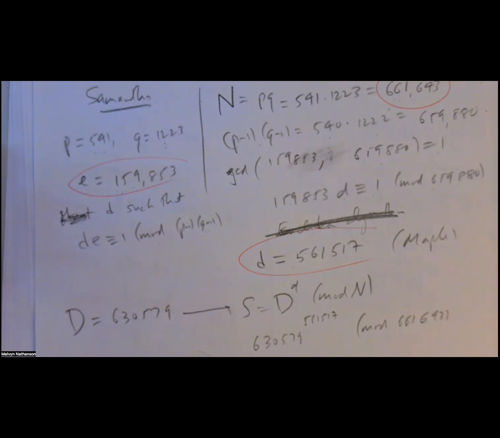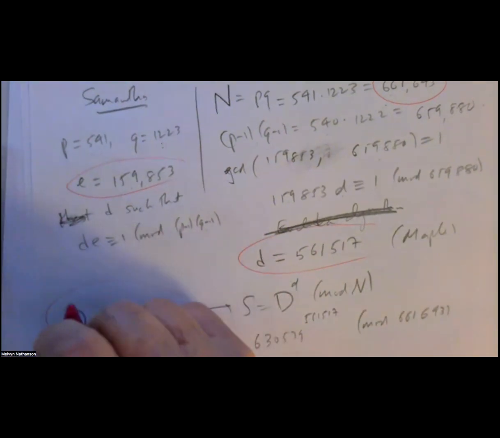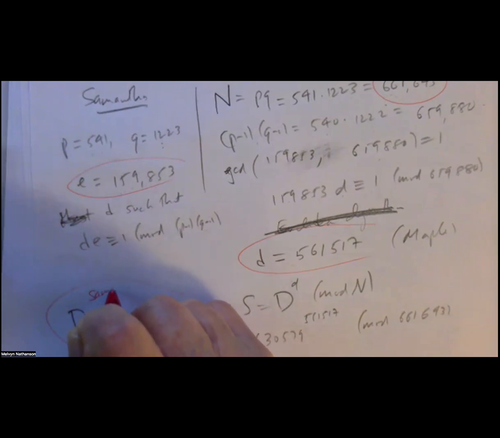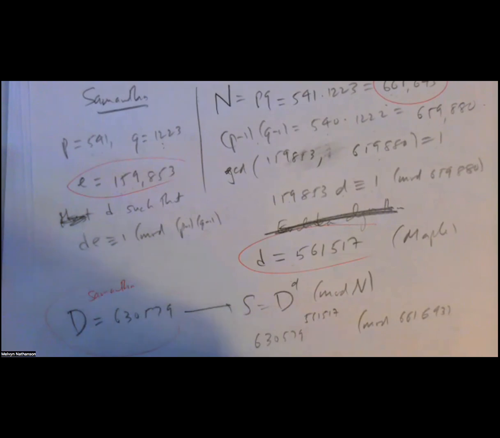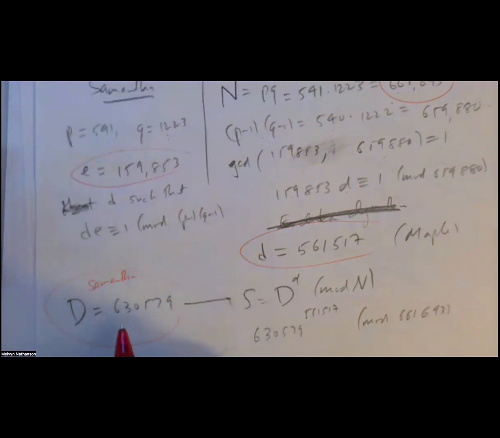Professor, where did you get the 630,579 from again? Oh, so this is the document. This number says Samantha. Oh, so it's provided because that's her name. That's her digital name. So people need to know that the document she sends is signed by the number 630,579.